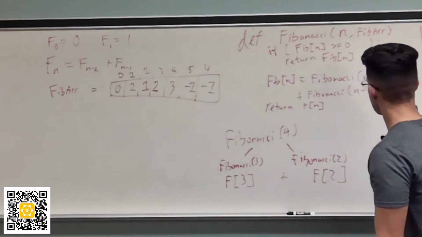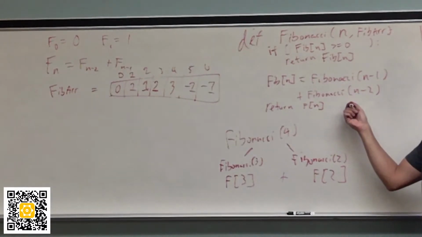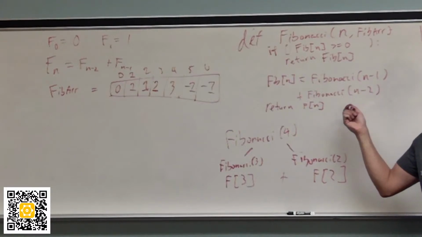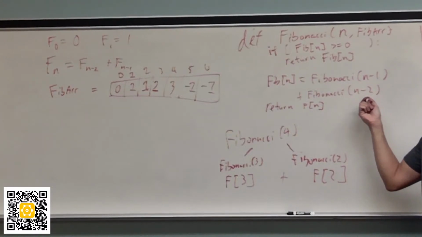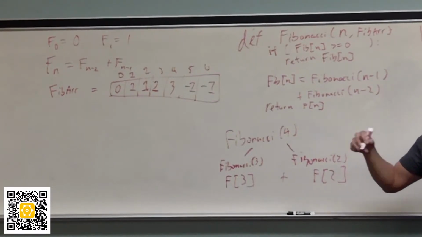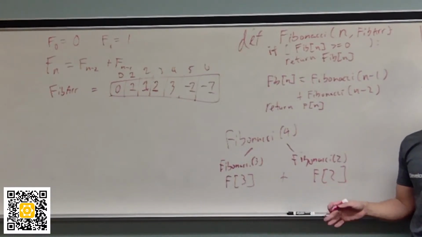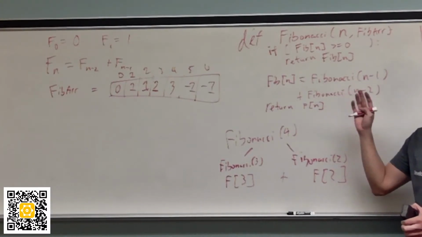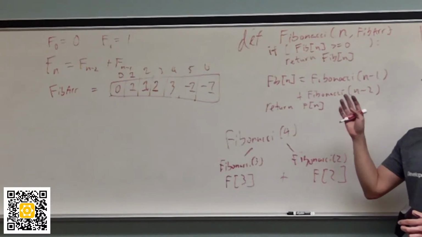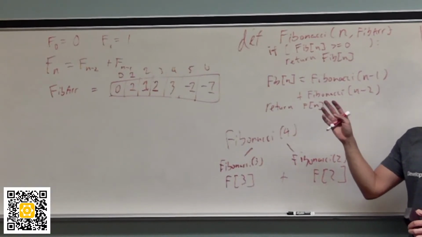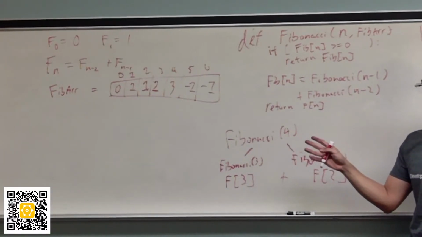So this is the optimal memoized solution for Fibonacci. So the recursive part was going to take really long, right? Where I had to do fib2 is fib1 plus fib0, or fib3 is fib2 plus fib1, but fib2 is also fib1 plus fib0.